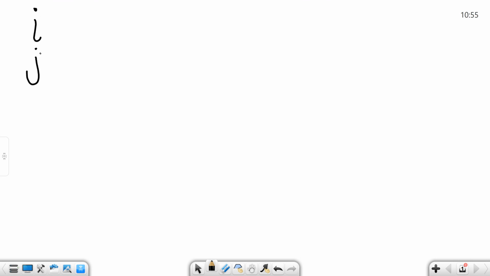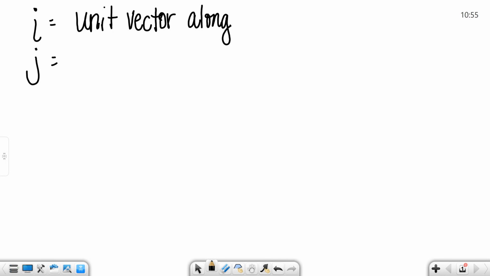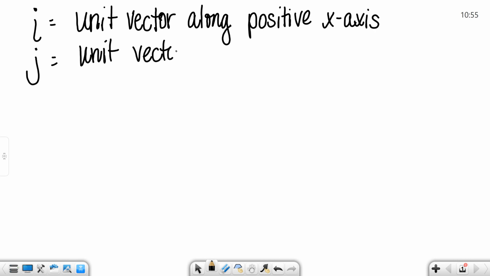So a couple of basic things we need to talk about are i and j. i is the unit vector along the positive x-axis. And j would be the unit vector along the positive y-axis.